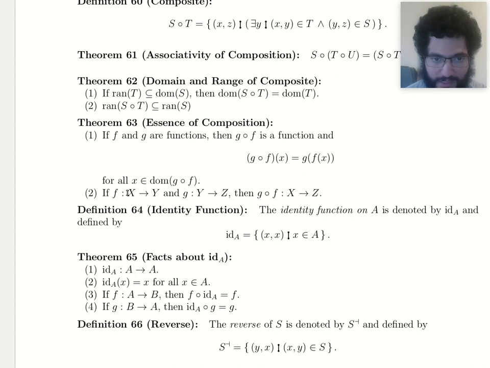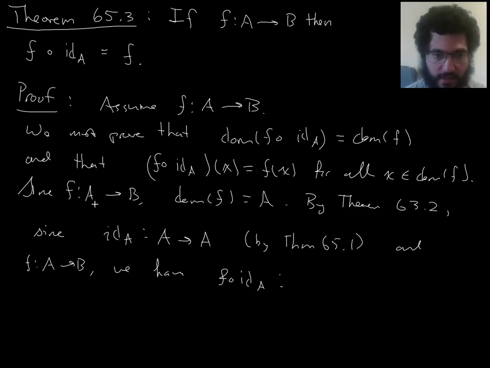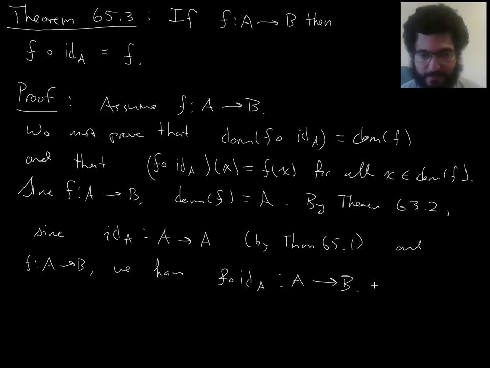So this is like x to y, y to z becomes x to z. Here, A to A followed by A to B. So it becomes A to B. So that's what the essence of composition got us, is this nice package here.